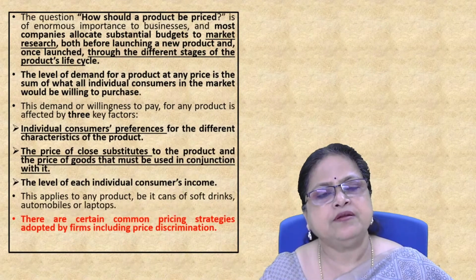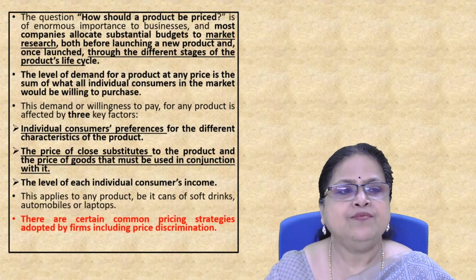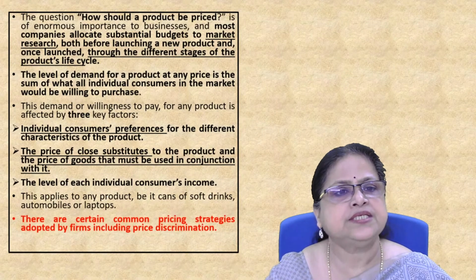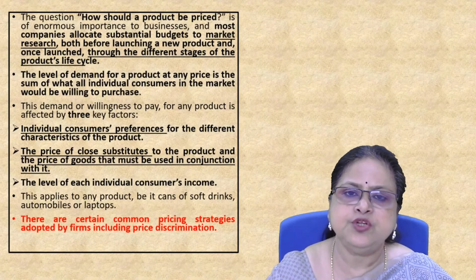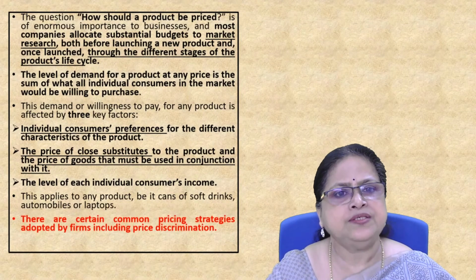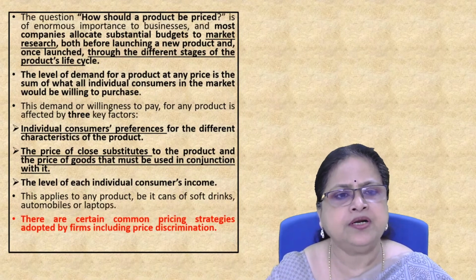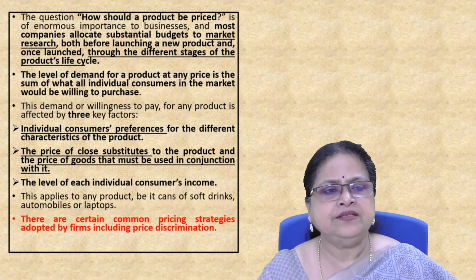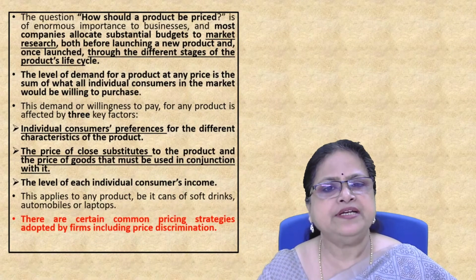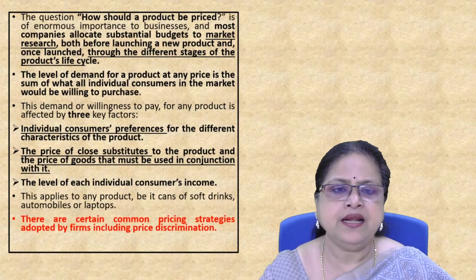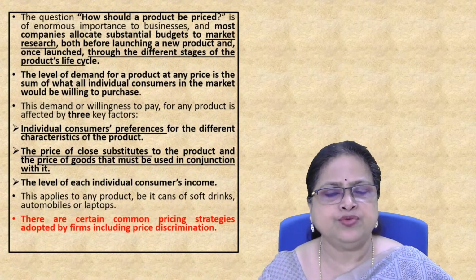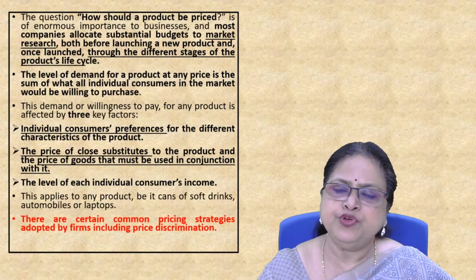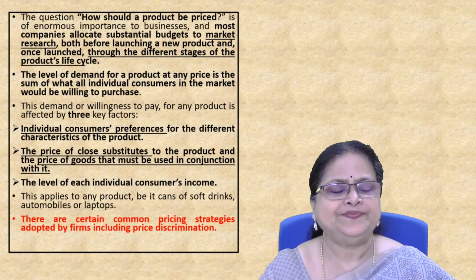It is of enormous importance to business, and most companies allocate substantial budgets to market research both before launching a new product and after launching it. Then they try to set the price through the different stages of the product's life cycle, and they spend a lot of money on market research before the production and after the production also.